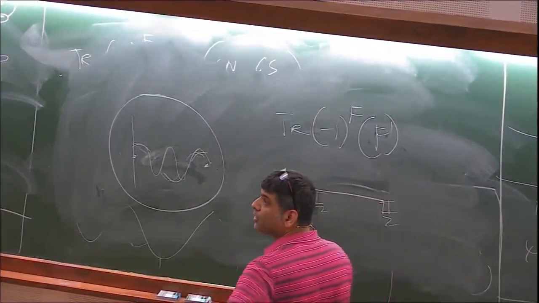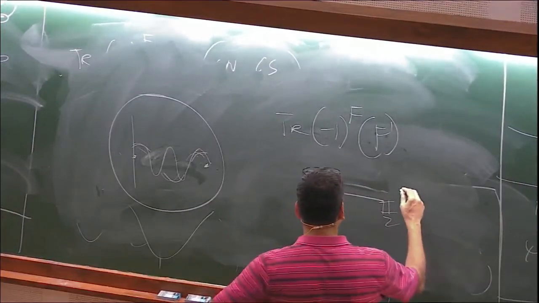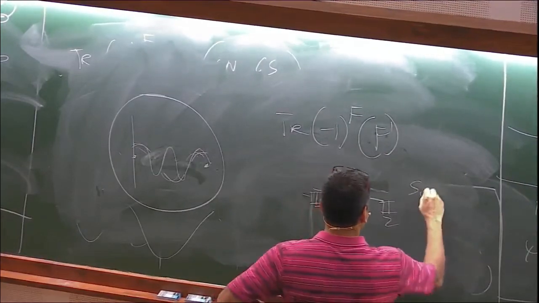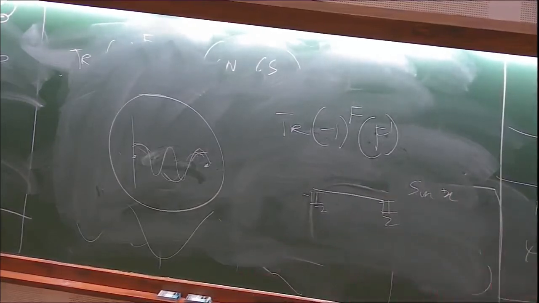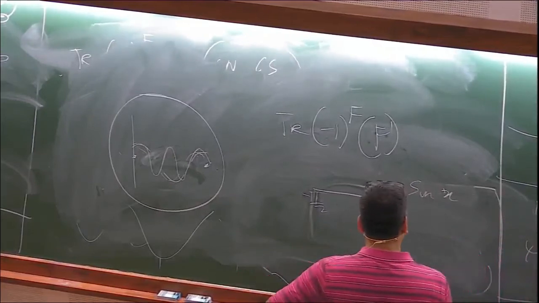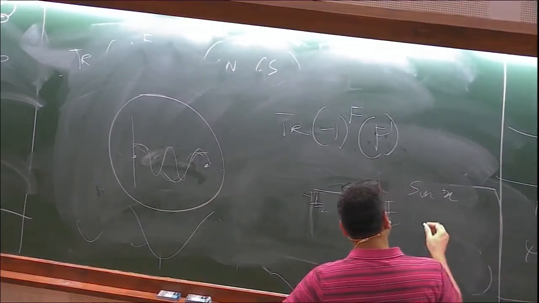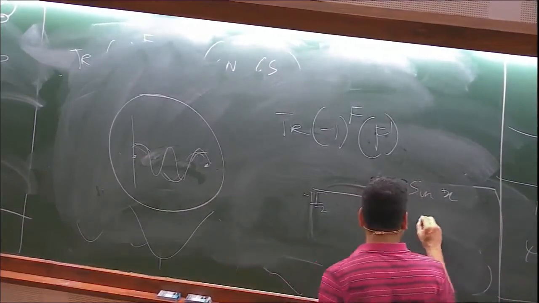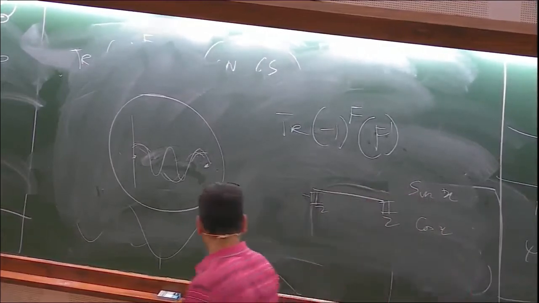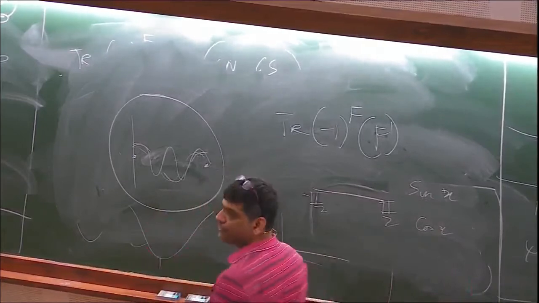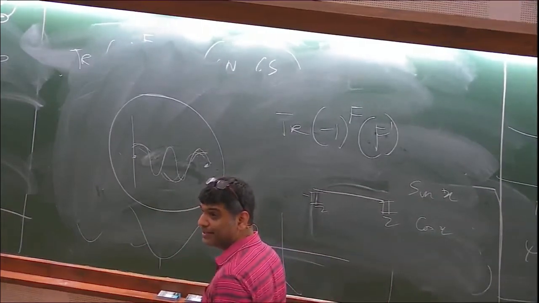And we took sine x. This is our antiperiodic potential. Now the integral will be like cos x. Now let's look at cos x from minus pi by 2 to pi by 2.